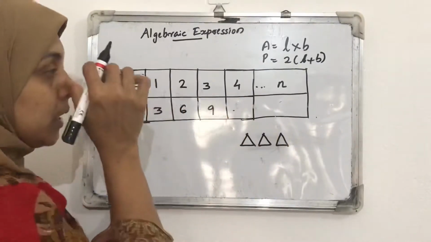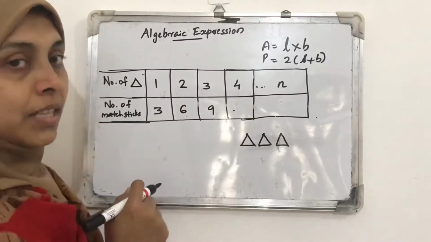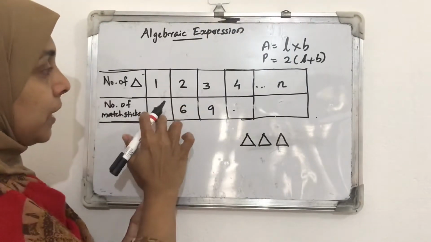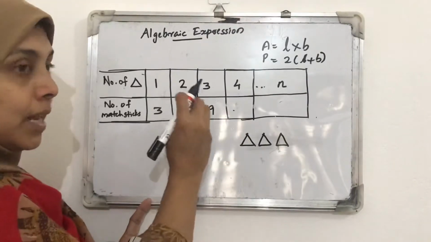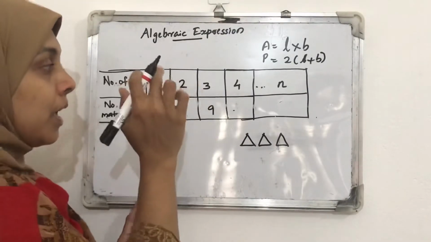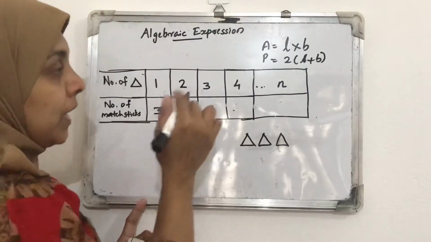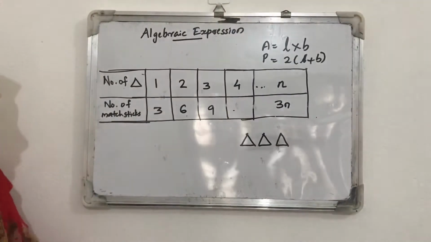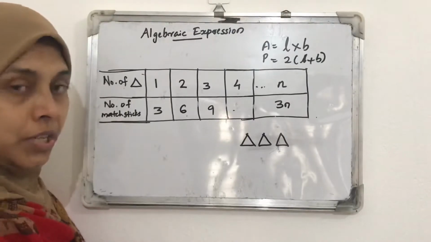If you continue this, how many matchsticks will be used for n triangles? From these examples we can generalize that. If it is 1, 3; 2, 6; 3, 9, there is a generalized form: the number of triangles multiplied by 3. So it will be 3n. Just like that we can generalize using variables or algebraic expressions.